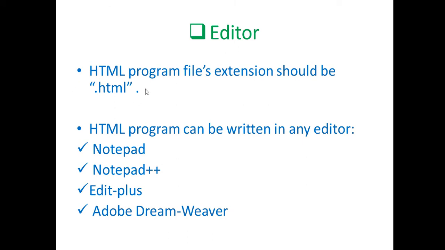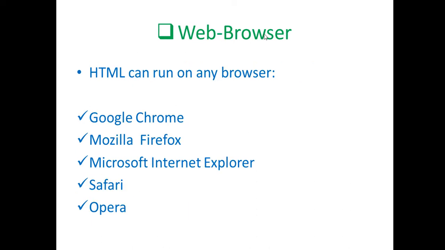When you save your HTML file, you must add the extension .html. An HTML program can be written in any editor like Notepad, Notepad++, Edit+, Adobe Dreamweaver. But as you know, we are going to use Notepad to write HTML code. HTML can run on any web browser, like Google Chrome, Mozilla Firefox, Microsoft Internet Explorer, Safari, Opera. Anyone you can use.